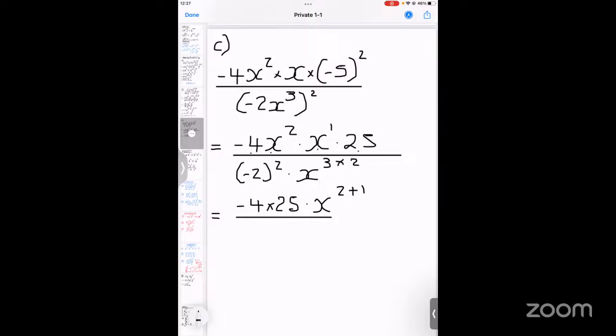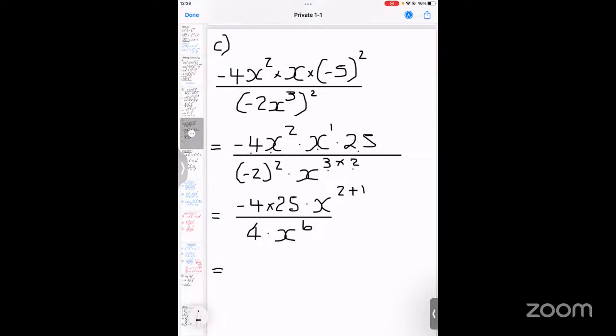It will be 4. Yes, it will be a 4. And then we have that x, and then the exponent is 3 that is multiplying by that.